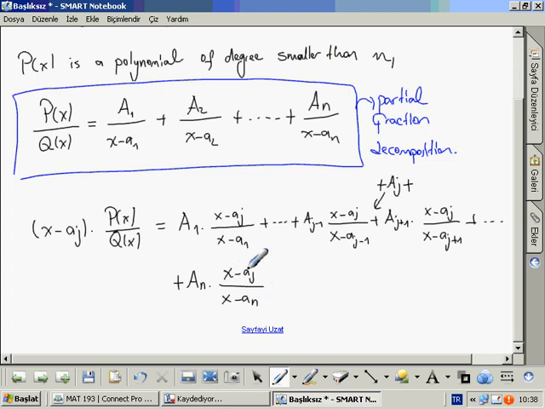All terms on the right side are 0 at x equals aj, except the j term Aj.